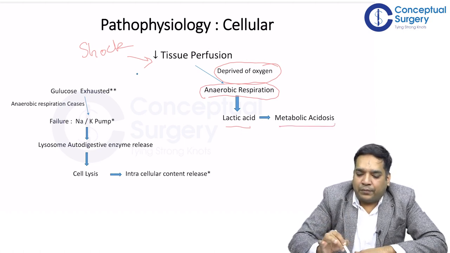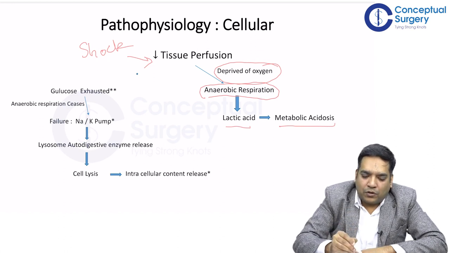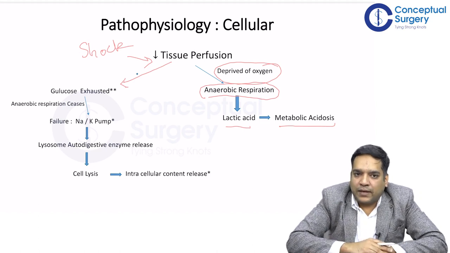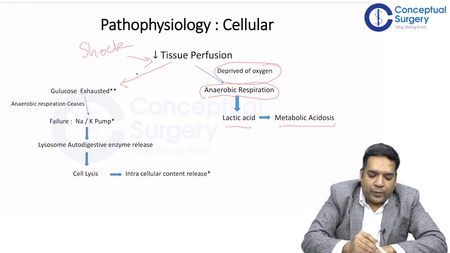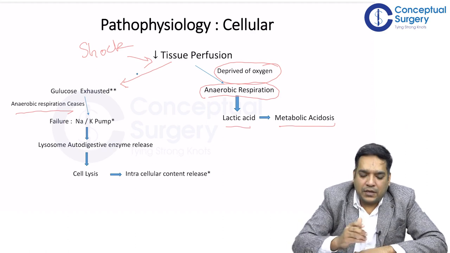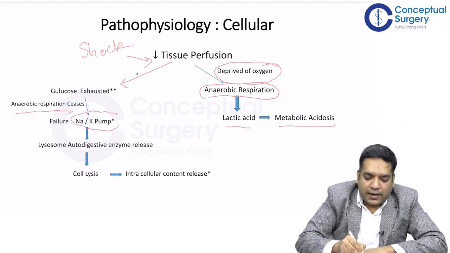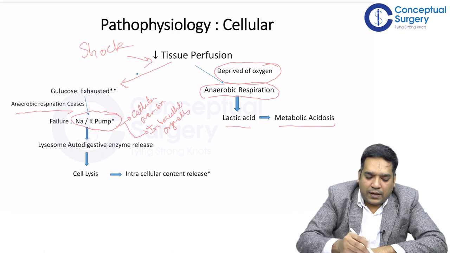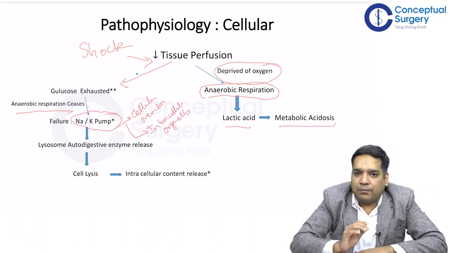Apart from deprivation of oxygen, low tissue perfusion also leads to exhaustion of glucose. As soon as glucose gets exhausted, anaerobic respiration stops. Because of this, the sodium potassium pump fails, at the level of the cellular membrane and the intracellular organelles. At both these sites, the sodium potassium pump fails.